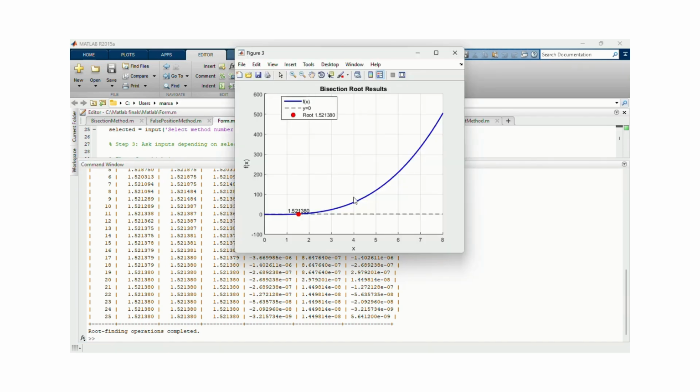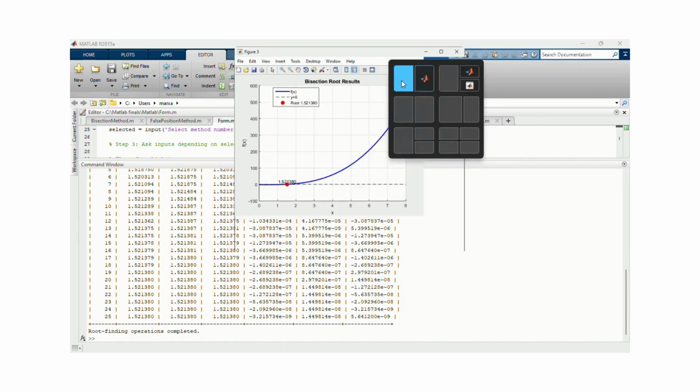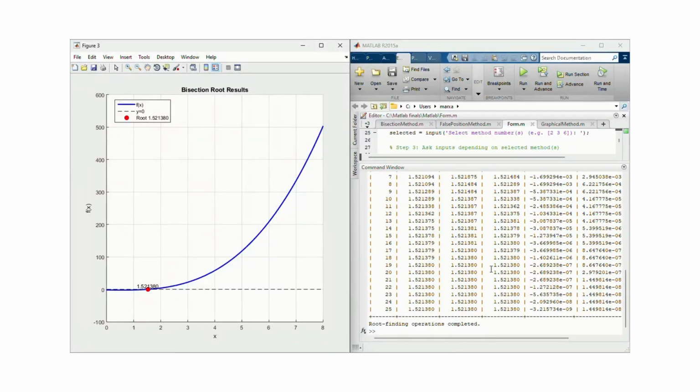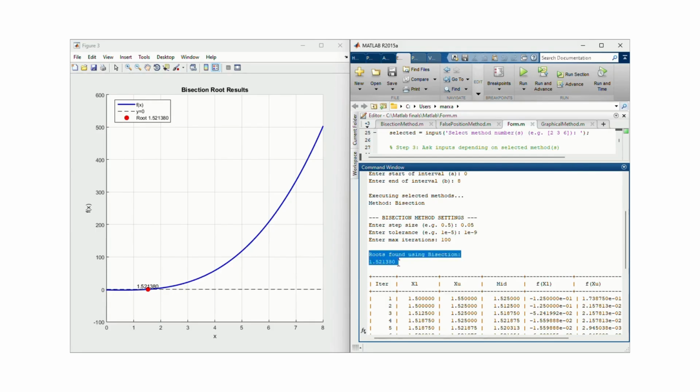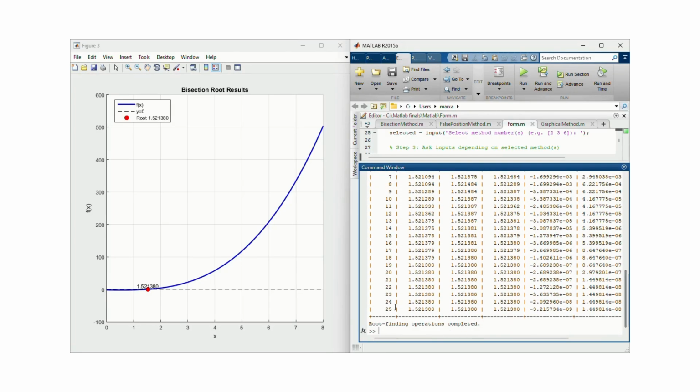You can see the root of the bisection method was found and it only reached 25 iterations, even if we put in a max iteration, because it stops where the root is found.